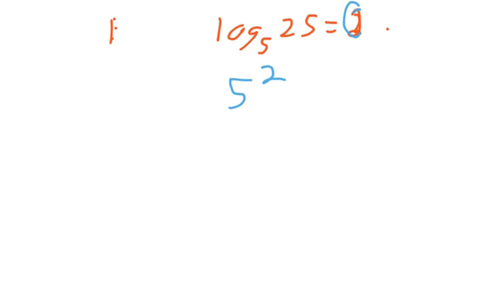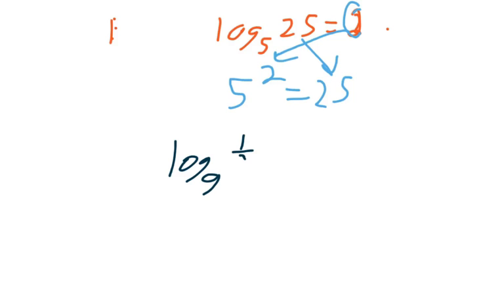The 2 here becomes the exponent, and we know 5 squared equals 25. Log base 9 of 1/3 equals 1/2. That means 9, I'm sorry, that should have been -1/2. 9 to the -1/2 equals 1/3.